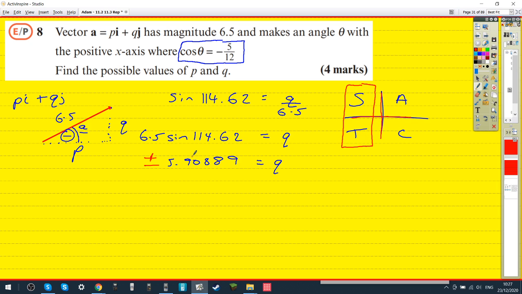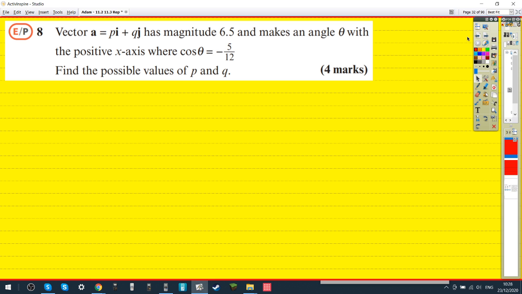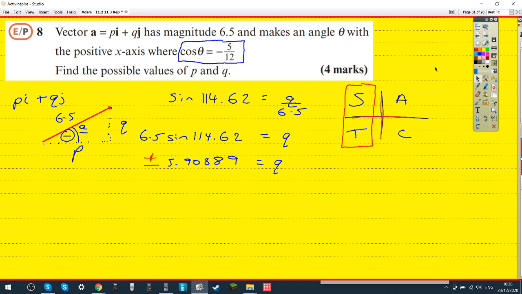Okay, so I could use cos. Yep, so it'd be cos 114.624 equals adjacent, which is P over 6.5.